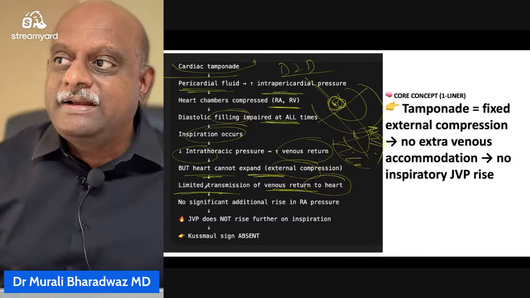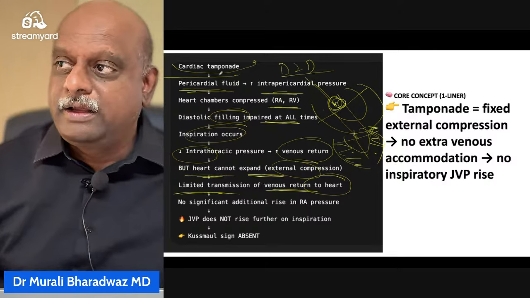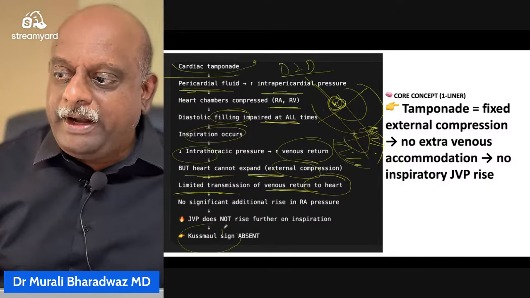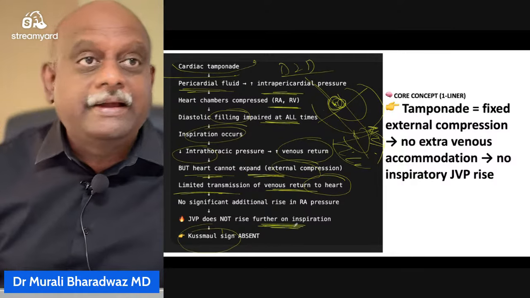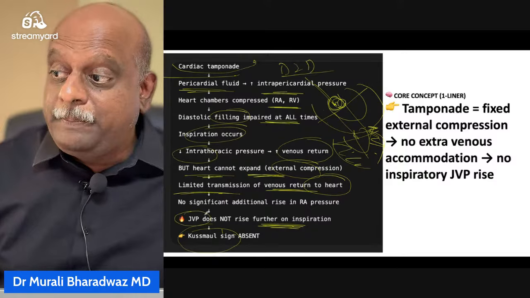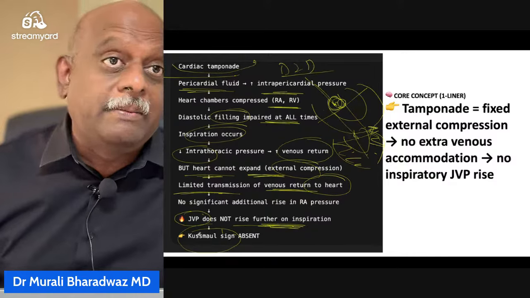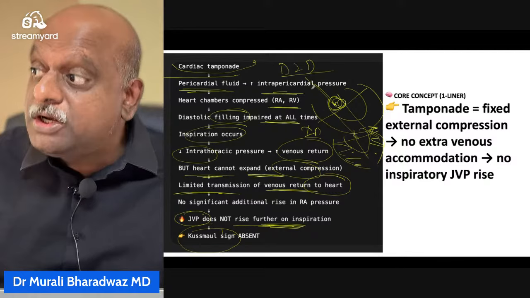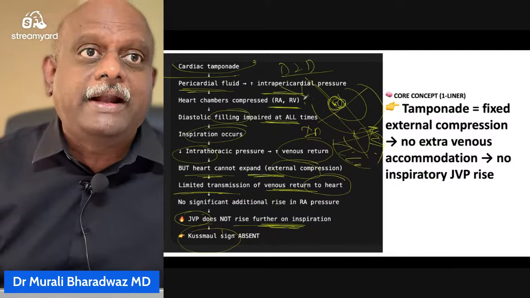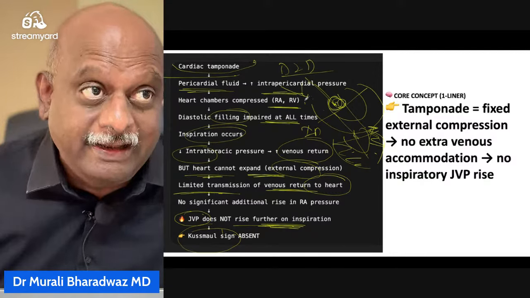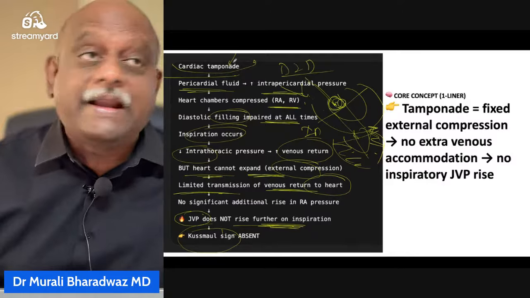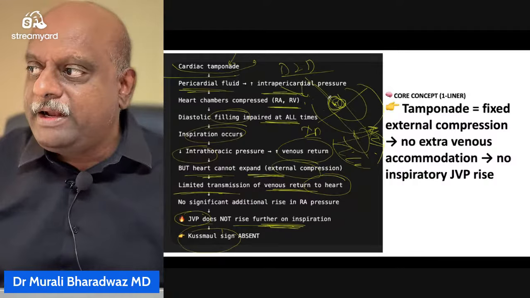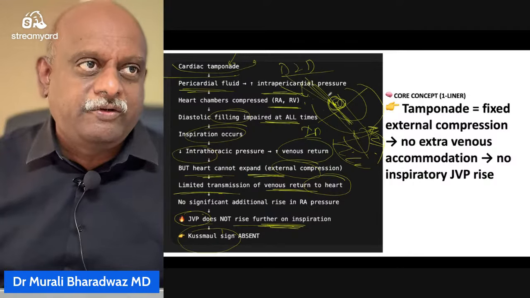So that is the reason in the case of tamponade, you don't see the JVP remaining prominent at the time of inspiration. Kussmaul sign is unlikely when there is a tamponade, because in tamponade, whether inspiration or expiration, it is not ready to fill.